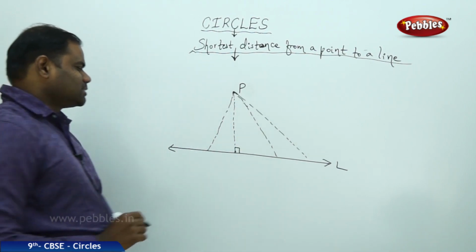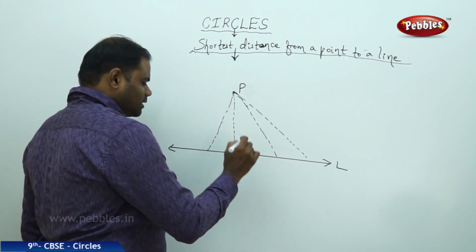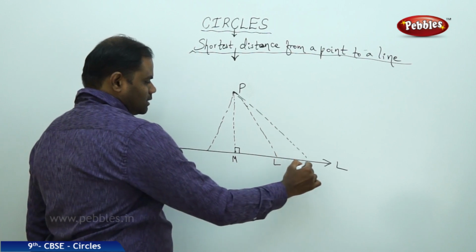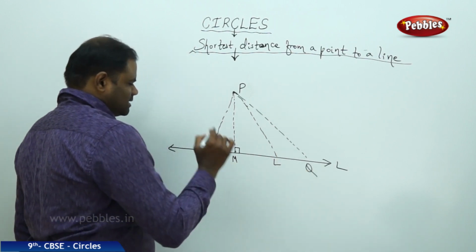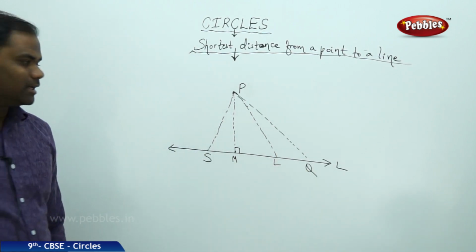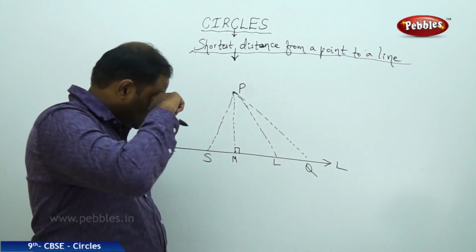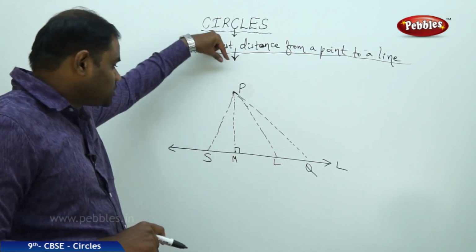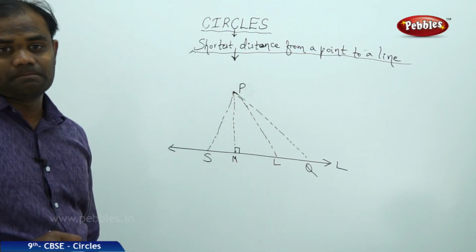Now clearly I can see that if this is M and this is L, Q, S, etc., all the lines from P to L are a bit far away, but the shortest is the one which is a straight drop perpendicular.